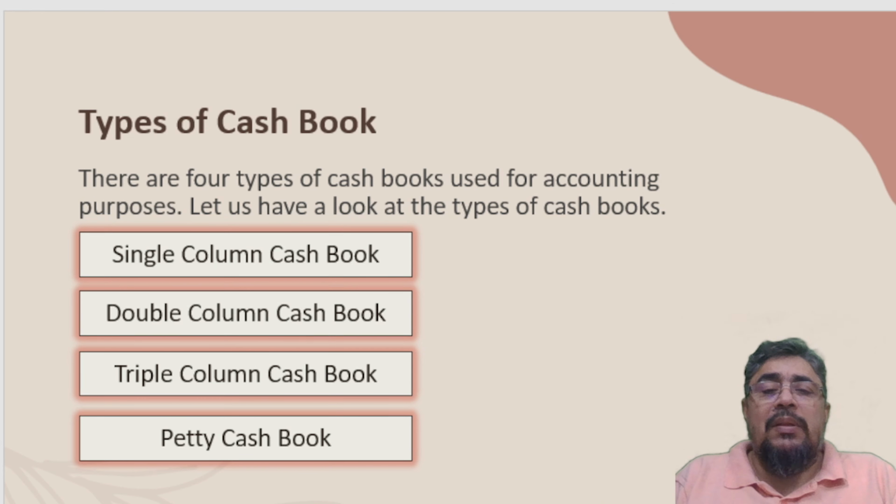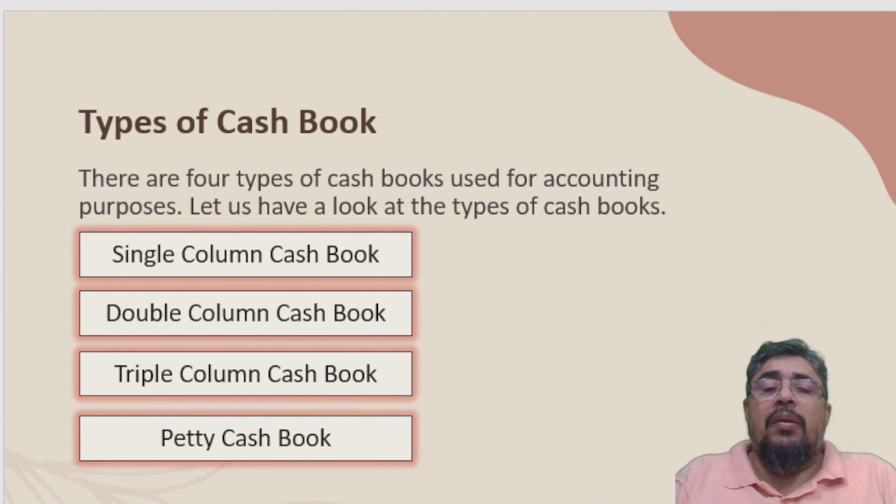Rather than keeping the cash account and the bank account separately, a cash book enables us to keep these two accounts side by side. It consists of two columns of amounts on each side to record cash and bank transactions. Thus, it is more convenient to record and locate cash and bank transactions.